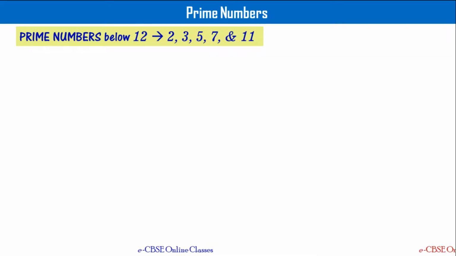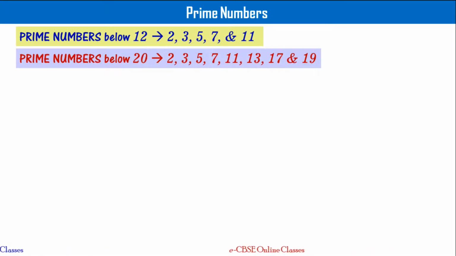Let's learn a little more about prime numbers now. We have seen prime numbers below 12 are 2, 3, 5, 7 and 11, right? Let me write now prime numbers below 20. Those are 2, 3, 5, 7, 11, 13, 17 and 19. Similarly, you can write prime numbers below 100, below 1000, below 1 lakh, below 1 crore, like that, right?